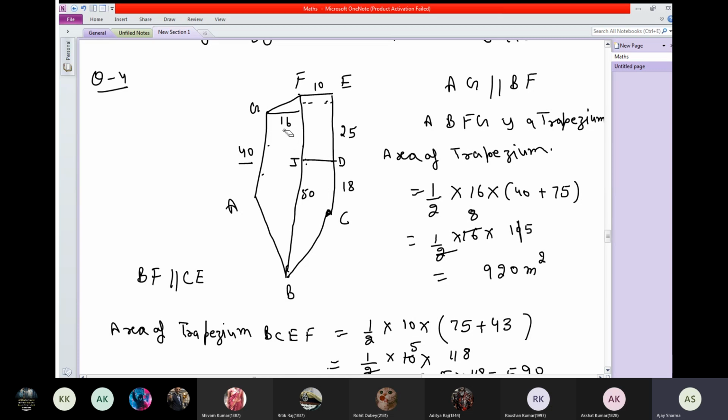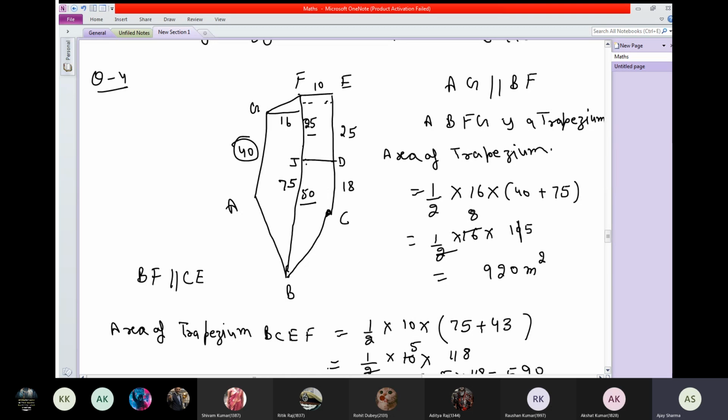Now the sum of the parallel sides: one side is 40, another is 50, and ED is 25, then its opposite side is again 25. Why? It is a rectangle, and a rectangle has equal opposite sides. So one side is 40, and another side is 50 plus 25, that equals 75.